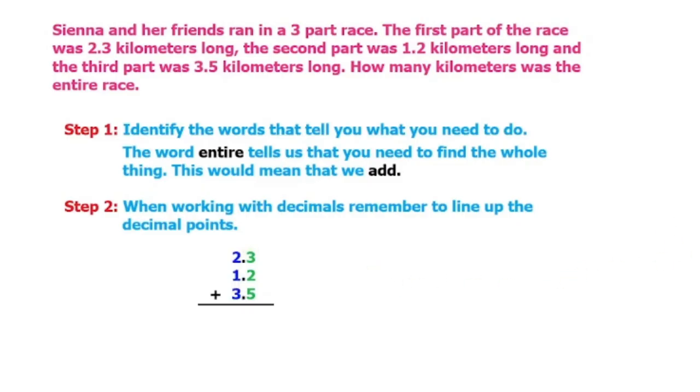So now we can just add it all up. And so what we could do is, when we add the tenths first, and if you can't do this, you could use one of my tricks. So we know 3 plus 2 is 5. This one is 5 too.